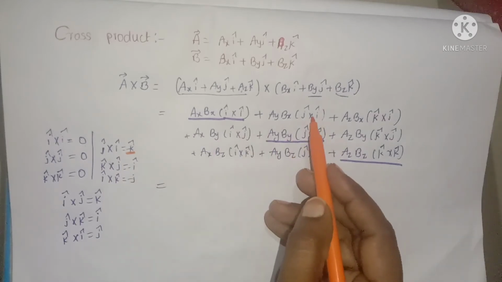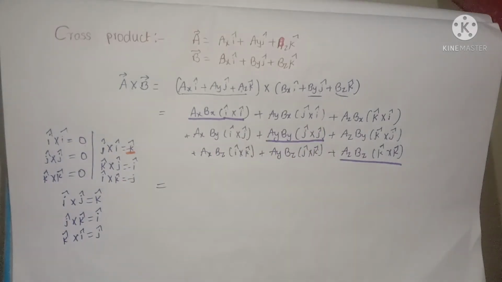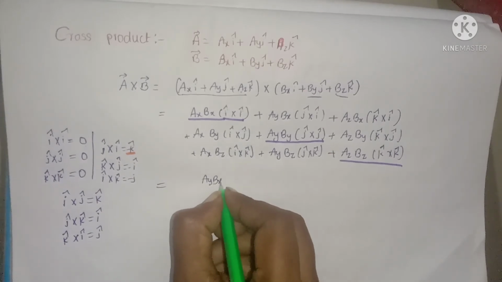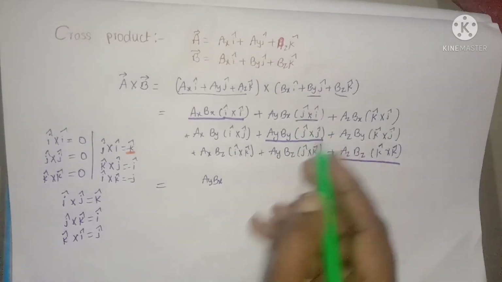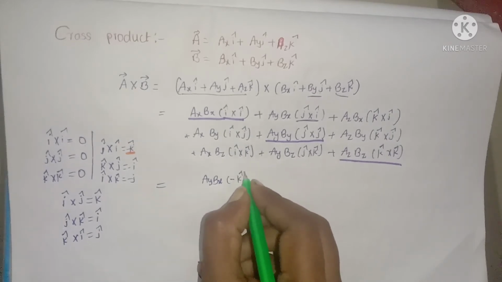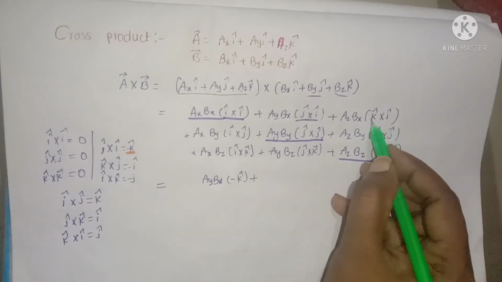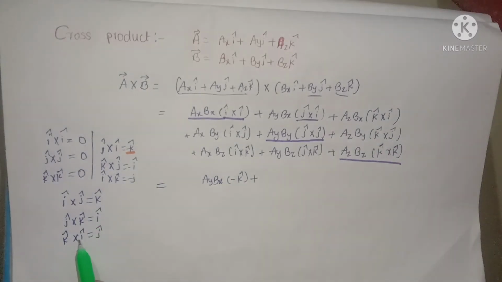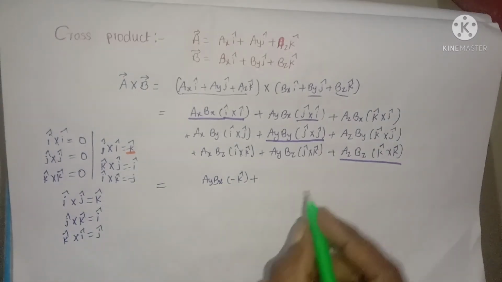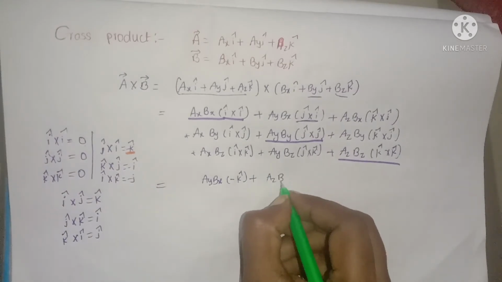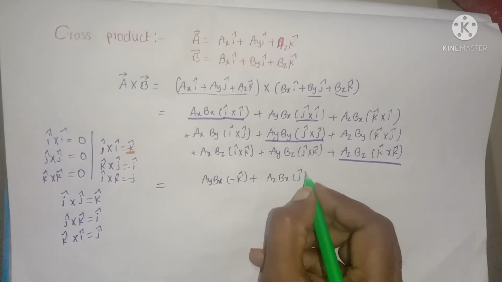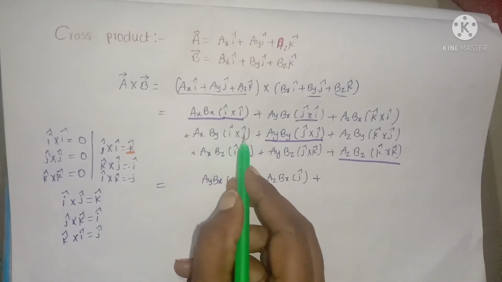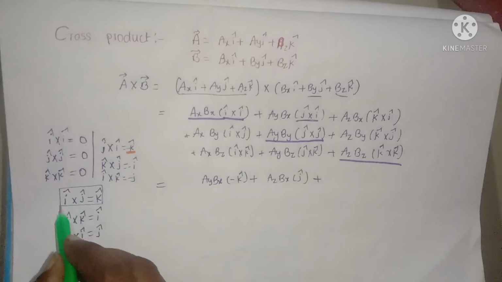So now here substitute that value. ay bx, so in this place we can write minus k cap, plus next one k cap cross i cap. k cross i cap equals j. So here az bx into j cap, plus here i cross j. i cross j means k cap.